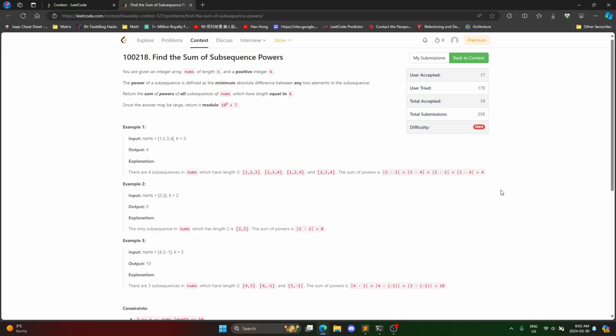So if I fix the minimum difference, right, I don't even have to sort. So I do like dp of n and k, right, and then at times, yeah, okay.